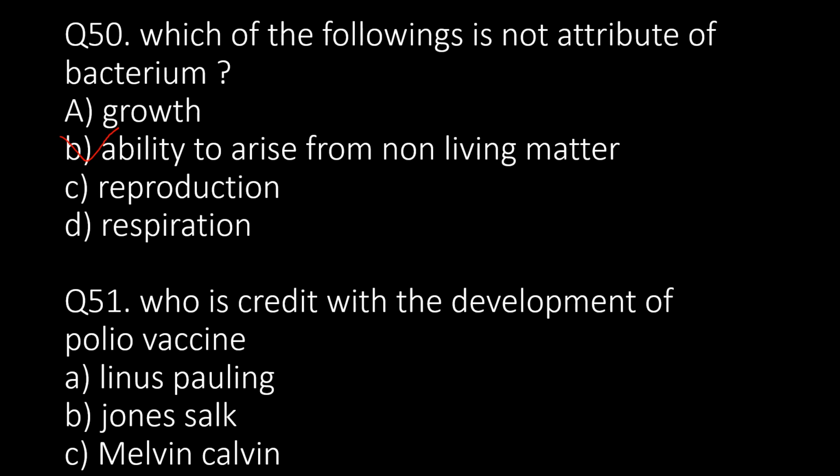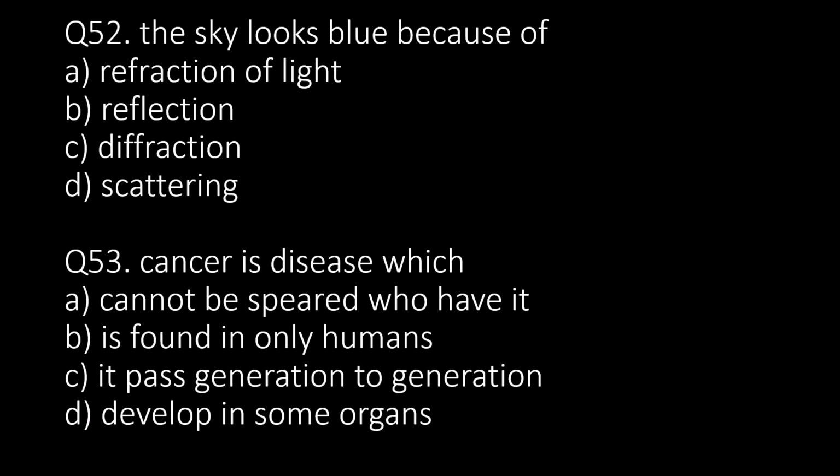Our next question is, who is credited with the development of the polio vaccine? And the right answer is option B, John Salk. Our next question is, the sky looks blue because of, and the right answer is option D, scattering.